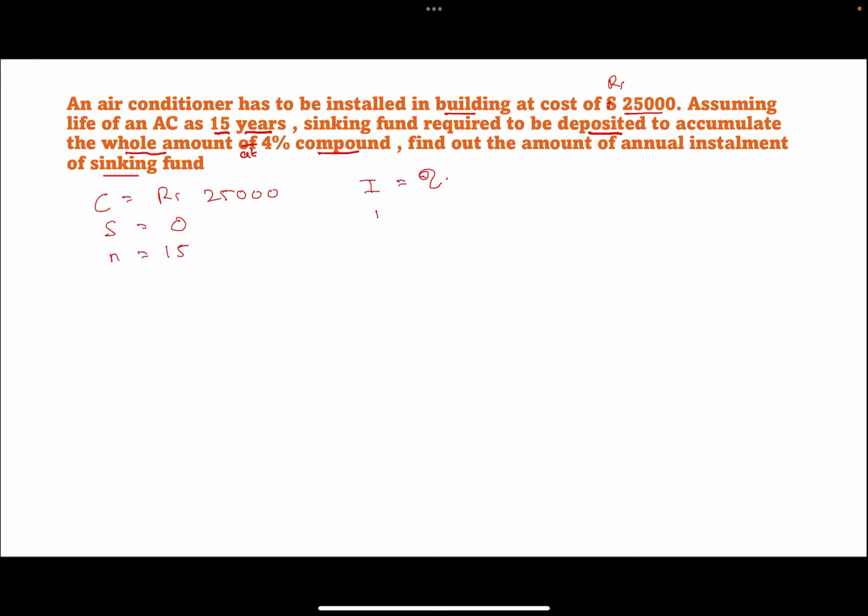And i is 4%, that is the compound interest. So you can calculate the annual installment here.